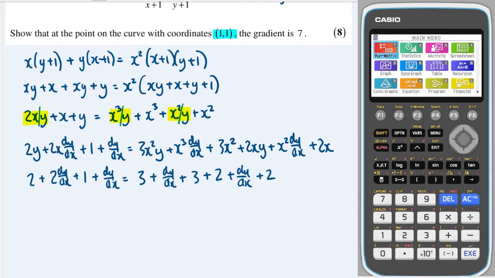Okay, great. Let's see if we can do some simplifying just to save us some time. A 2 and a 1 can cancel with a 3. A 2 dy by dx can cancel with 2 dy by dx's. So this leaves me with just dy by dx on the left hand side. And we have 3 plus 2 plus 2, which is equal to 7.